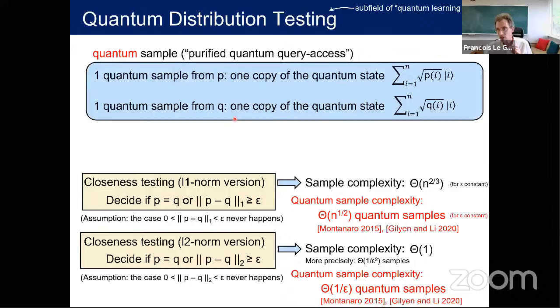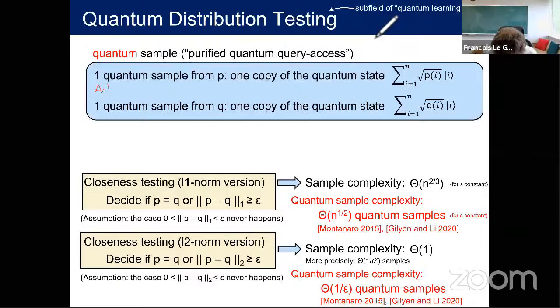So it's a delicate notion. There are several possible versions and variants of the concept of quantum samples. And the standard one is essentially that one sample from P means one copy of the state. Okay. And I will be a little bit more precise because you need something a little bit stronger.